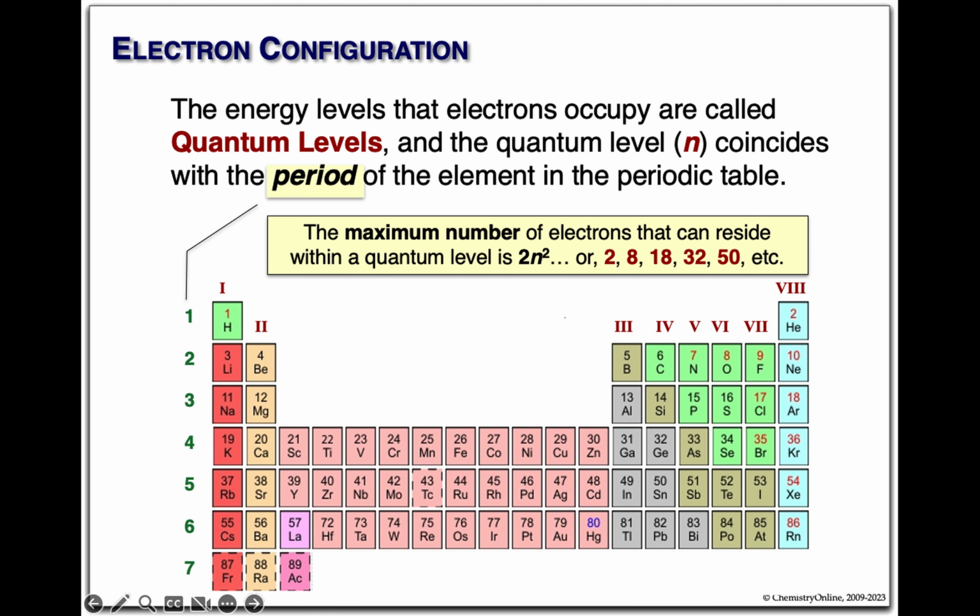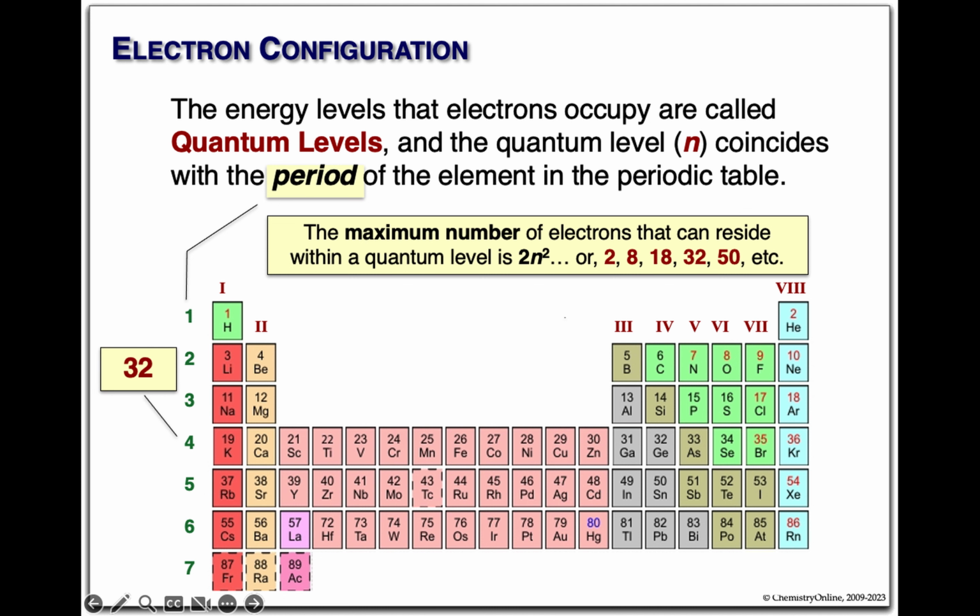The number of electrons that can exist in any one period is given by this little formula, 2n squared, which means that the first period can accommodate 2 electrons. The second one, we can put in 8. The third, we're up to 18. Then we get 32, 50, whatever.